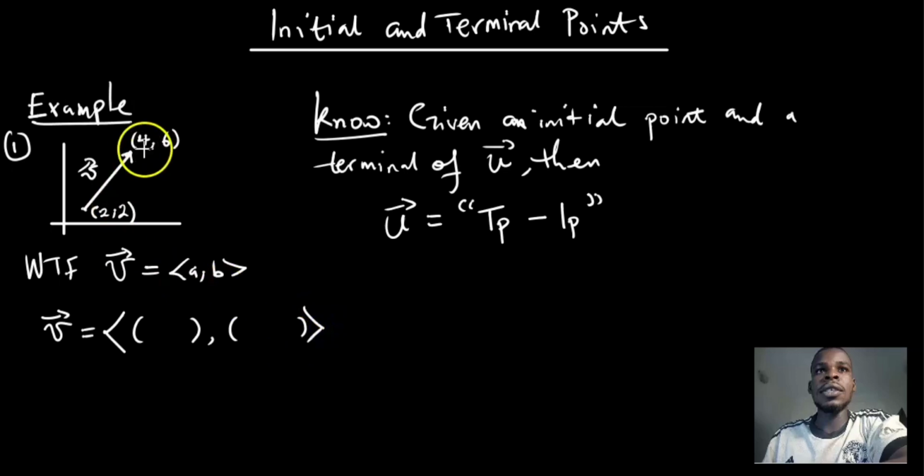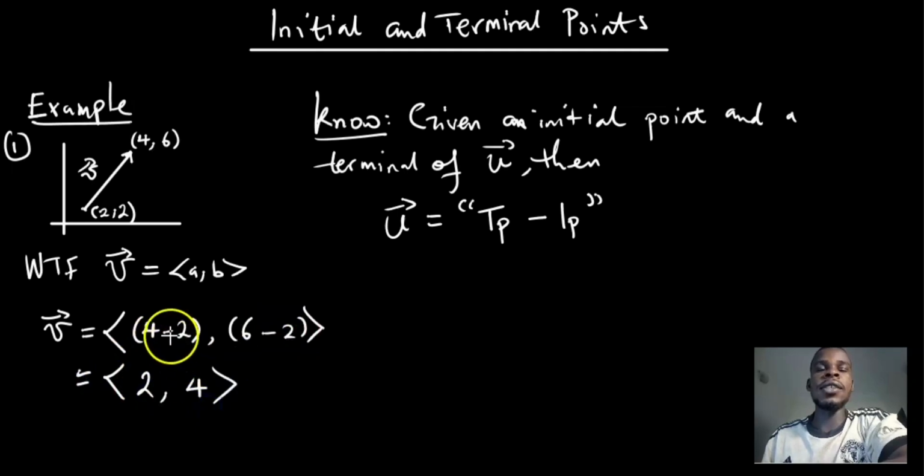So we say 4 minus 2, that is x2 minus x1, and then 6 minus 2. 4 minus 2 is 2, then 6 minus 2 is 4. So this is the vector.